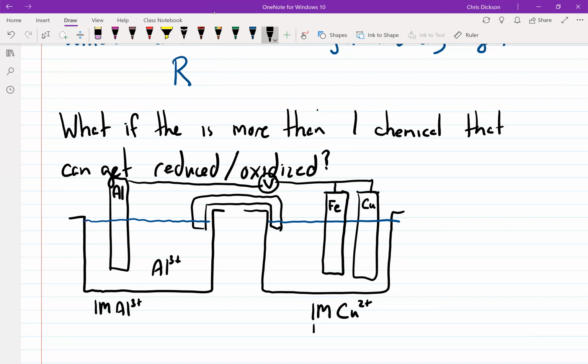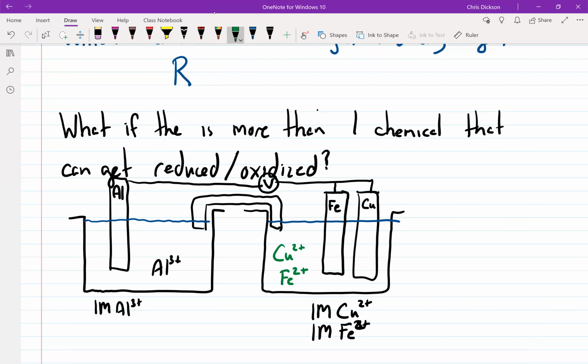And we also put in 1 molar Fe ions into solution. Fe3 plus. Ooh, Fe2 plus. Sorry. Let's go Fe2 plus. Okay, so in the beaker we've got copper ions, and we've got iron ions, and in the other beaker we have aluminum ions.